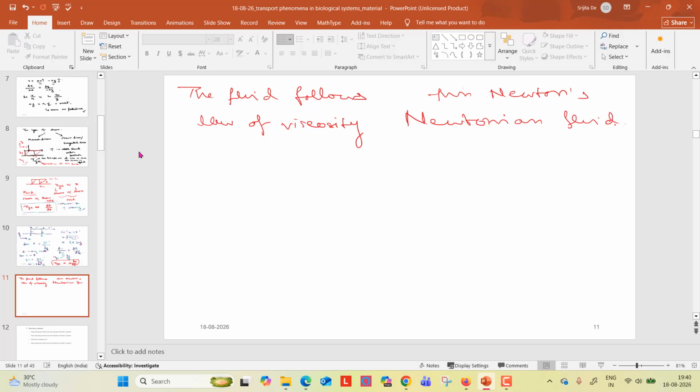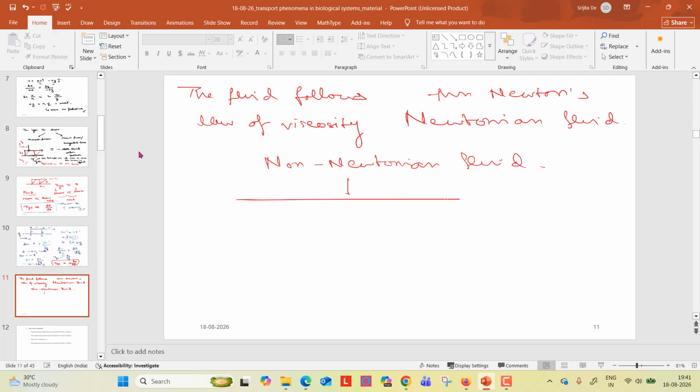But there are some other kinds of fluid also, like blood. Blood is not Newtonian, but in some cases it also is. So another type of fluid also comes, which is non-Newtonian fluids. Mostly biological fluids are non-Newtonian fluids.